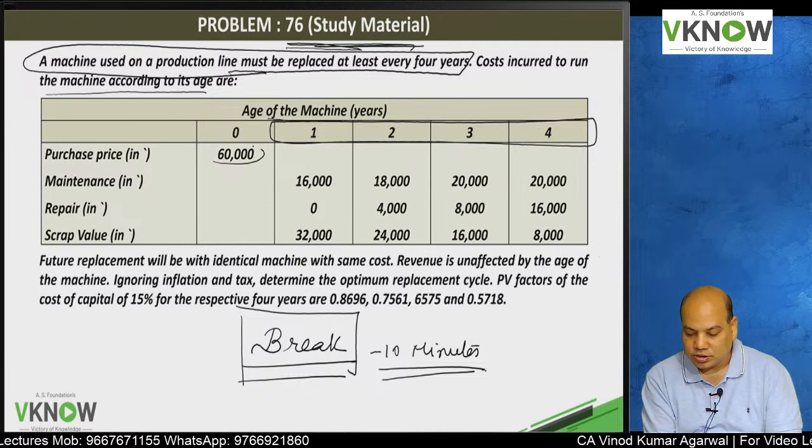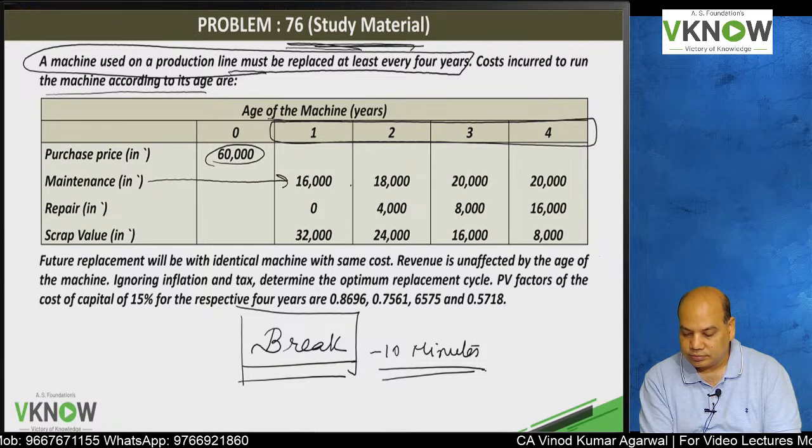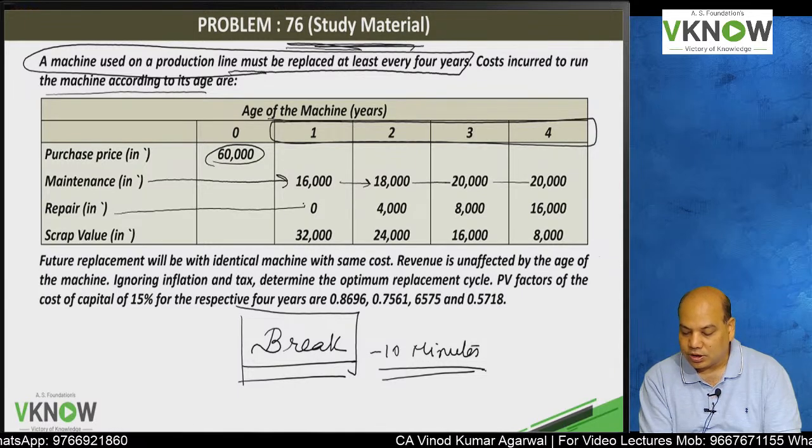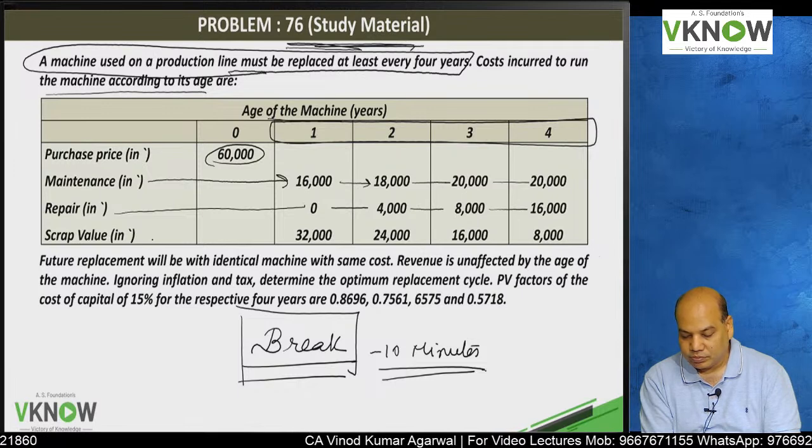Purchase price 60,000, maintenance cost you will incur in year 1 onwards 16, 18, 20, 22, 24. Then repairs will also start. First year no repair, but repair expenses are increasing significantly.